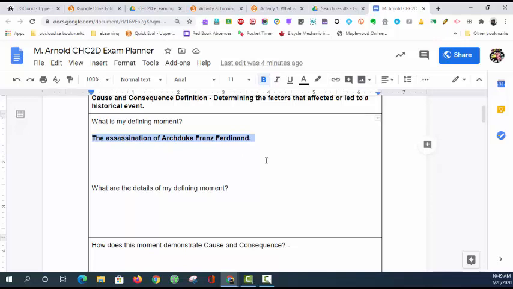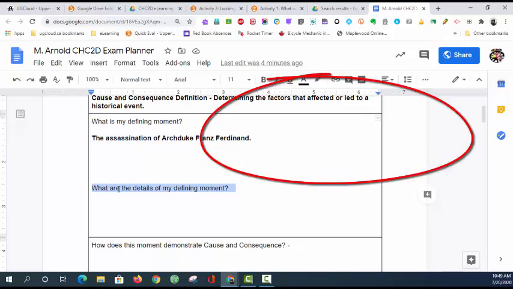Please ensure that your defining moment has as much detail as it possibly can. We are looking for names of historical actors. We are looking for specific dates. If there's a specific time, then you need to add that under the details of your defining moment.